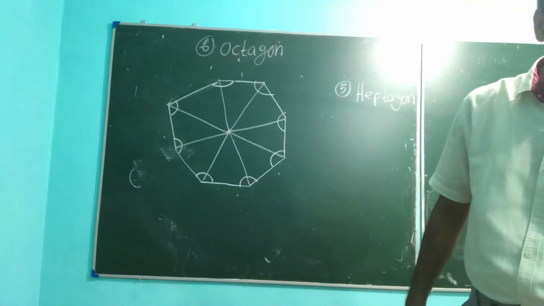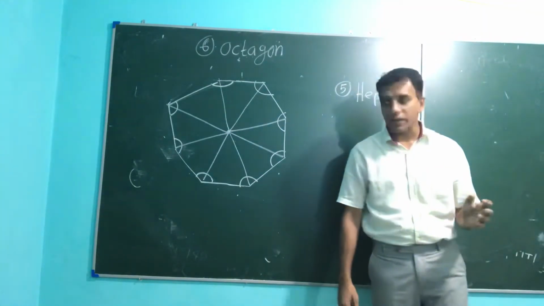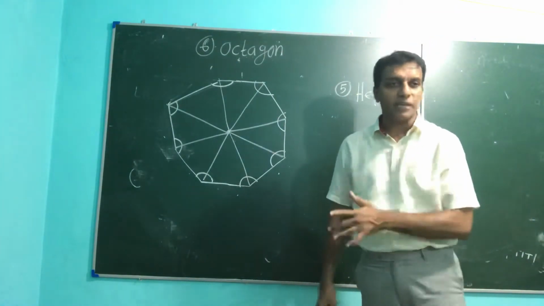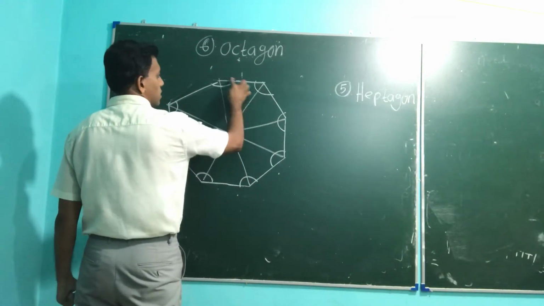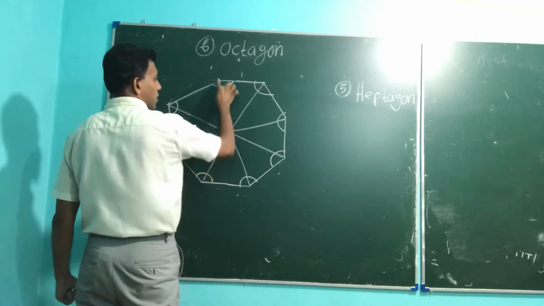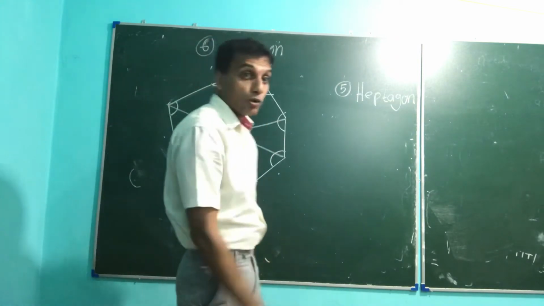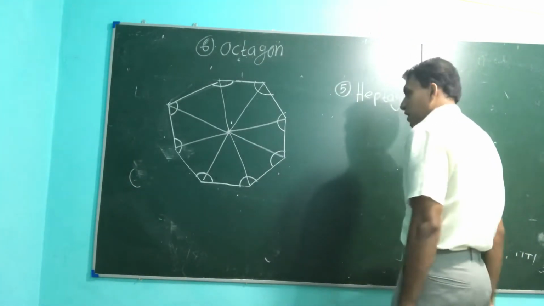So what is the answer for those 8 angles? Follow the method that I showed. Here 8 triangles are available. So how many angles in total are in the figure? Here 2, here 1, 3, 1, 2, 3. Okay, 3, 3, 3. So 8 times 3, 24 angles available.